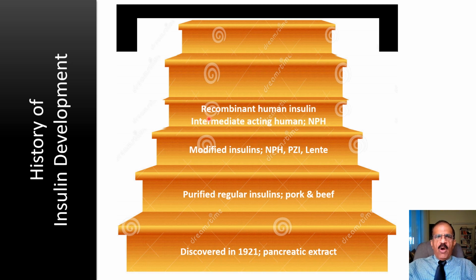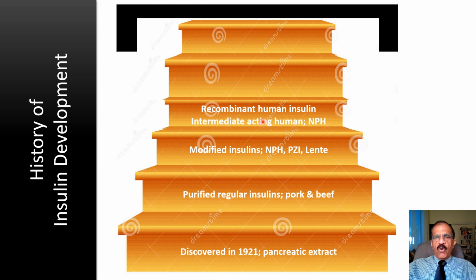Then came the era of recombinant human insulin. Now this is human insulin, but not derived from human beings. Of course, nobody would like to donate one's pancreas, and it is derived from E. coli or yeast cells, mostly E. coli.